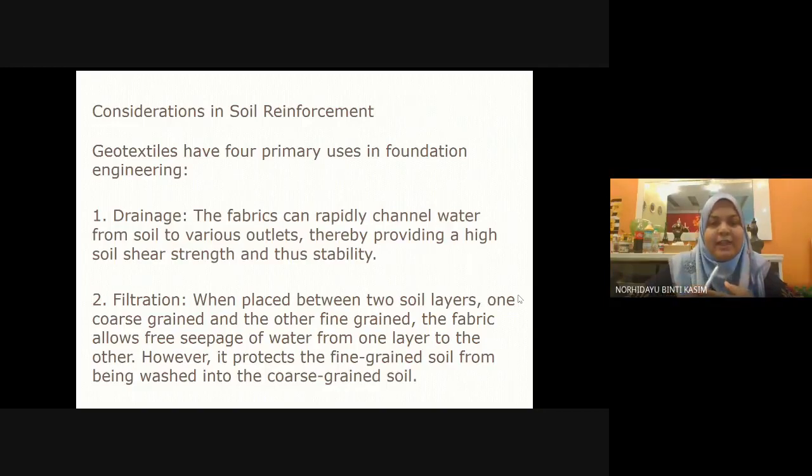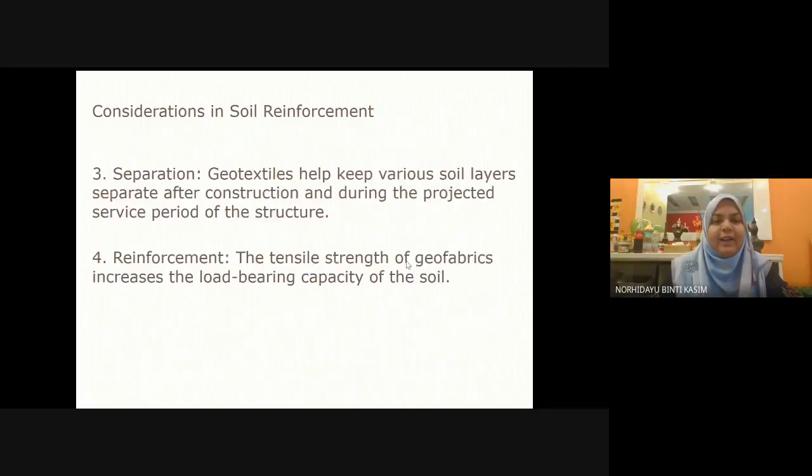The second one is for infiltration. Geotextile will allow the water to seep through, and it also protects the fine grain soil from being washed away. So that is the purpose of geotextile.